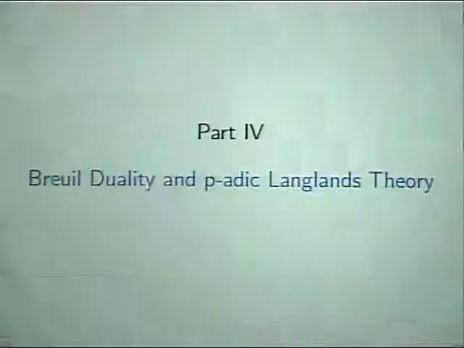What Breuil has is another construction of this L invariant, but in a context which shows you the significance of this L_O for what's called the p-adic Langlands correspondence, or the hoped for p-adic Langlands correspondence. So that's what I'll outline in the last talk.